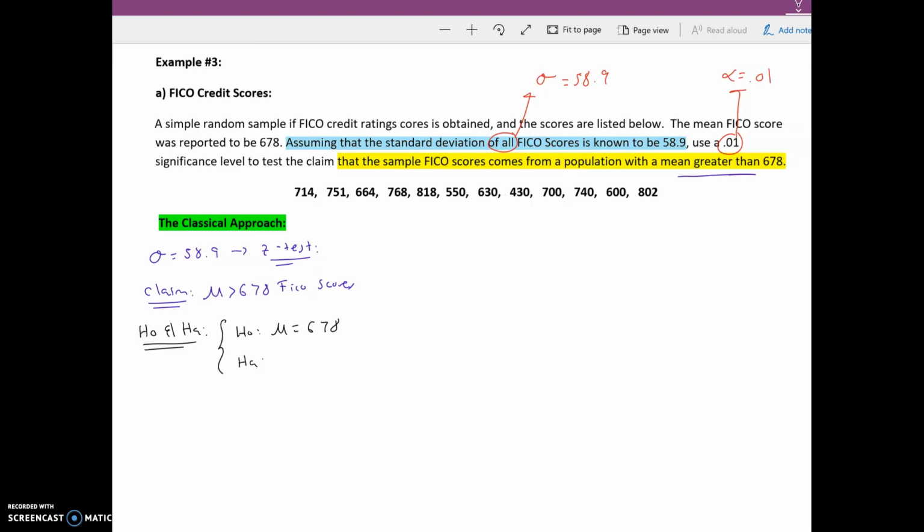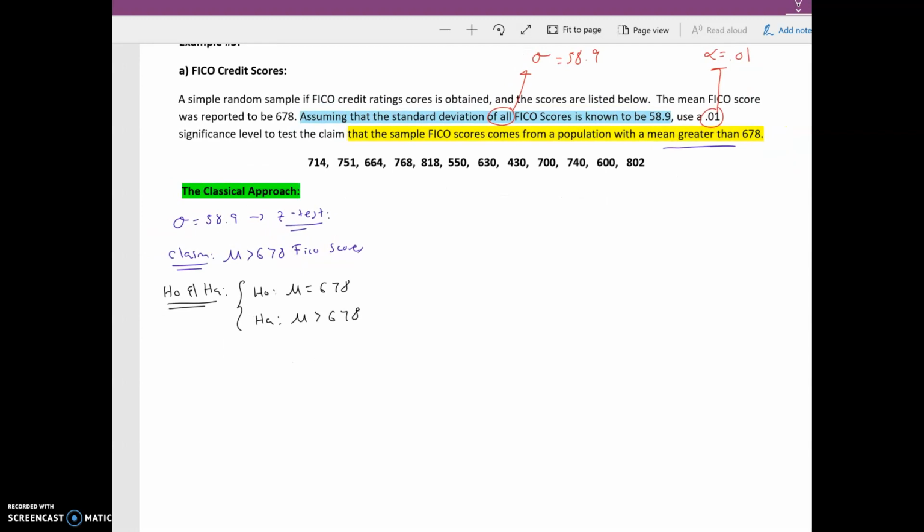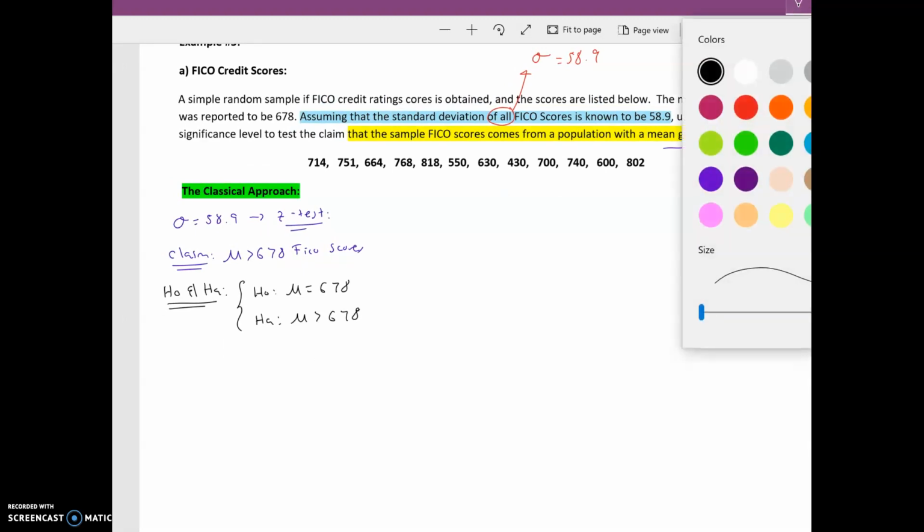And then your HA, mu is greater than 678. Now, let's take a look at the actual region.